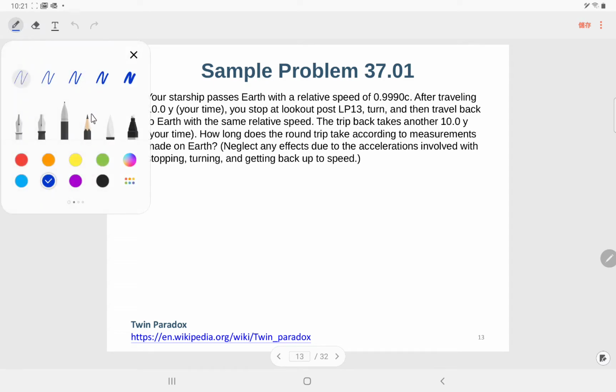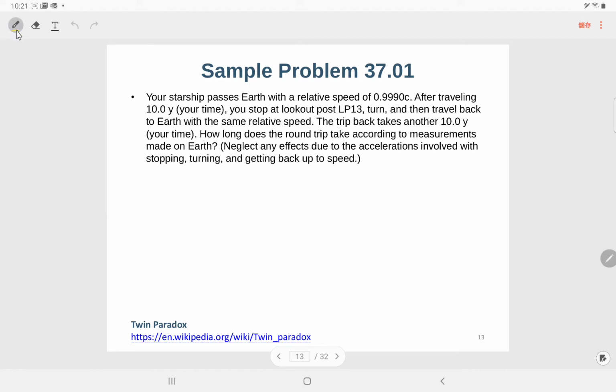So here we have, okay. Your starship passes Earth with a relative speed of 0.999 c. So very close to the speed of light.